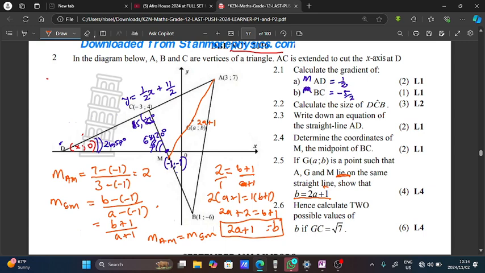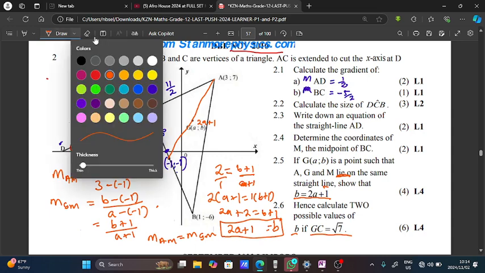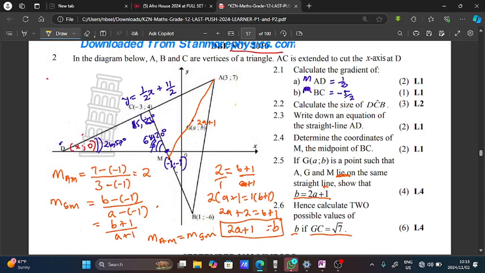So hence calculate two possible values of B. If GC, now we're given the distance, we must apply the distance formula. GC, what is G? G is this one, and we're given that GC is square root of 7.